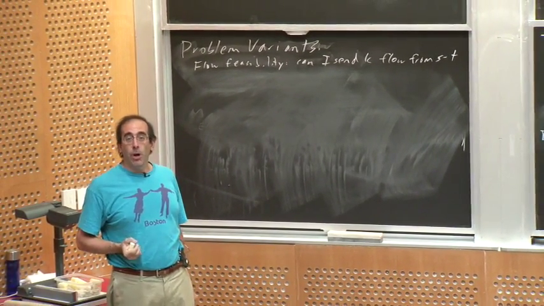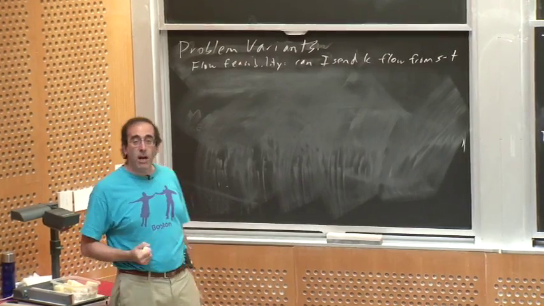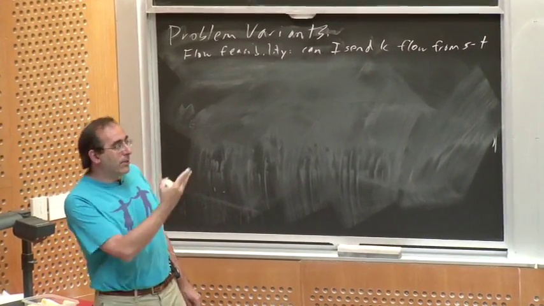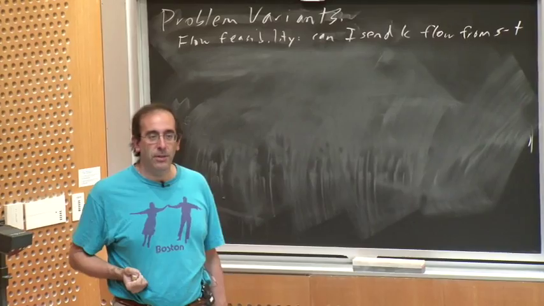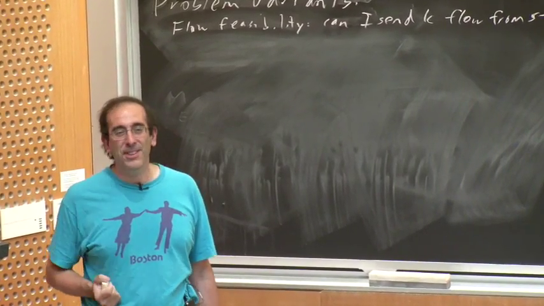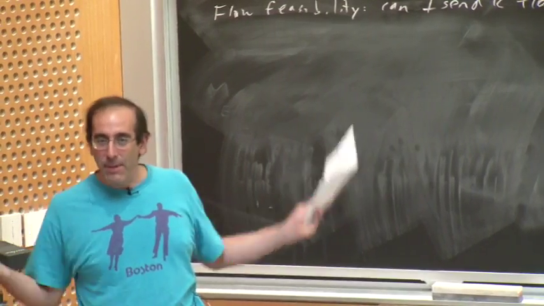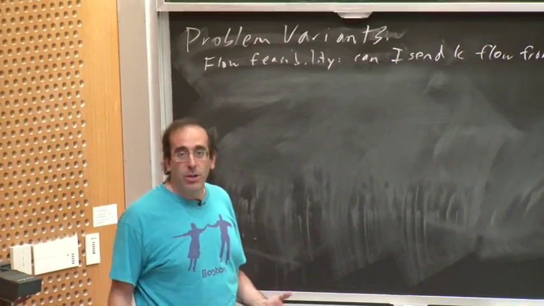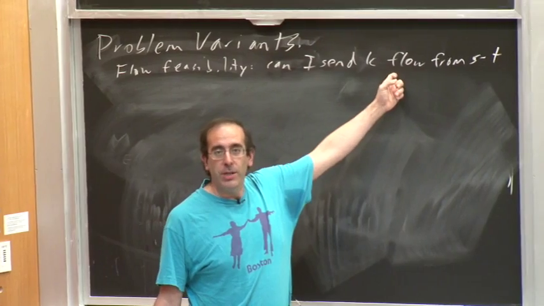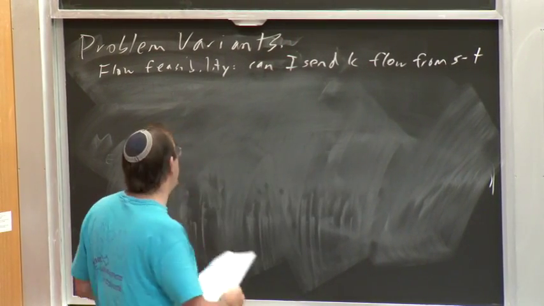Suppose that what I had was a max flow algorithm. Could I solve this question? How? Compute the max flow and compare it to K. Right. You can go the other way too. You can, for example, use binary search on K in order to find the max flow.